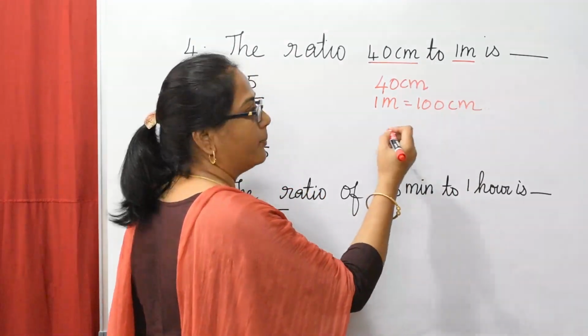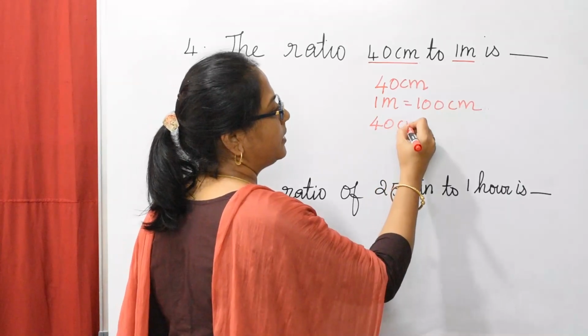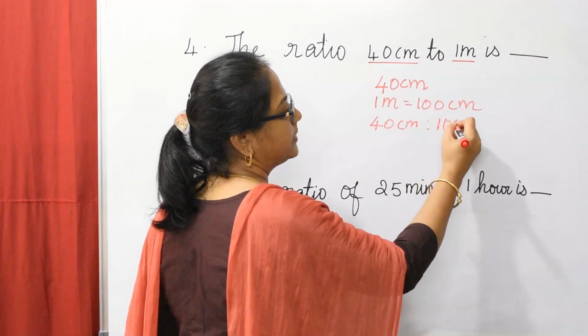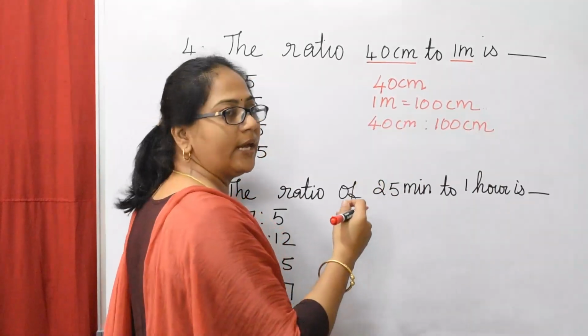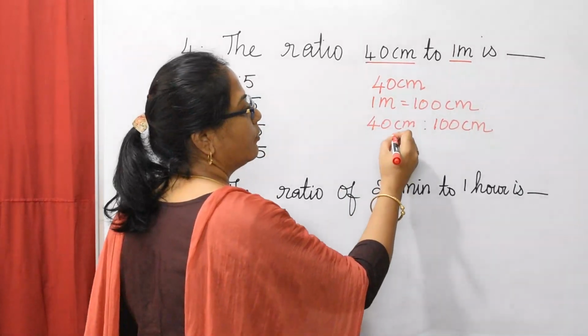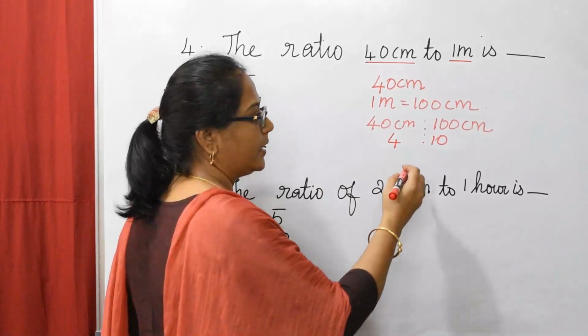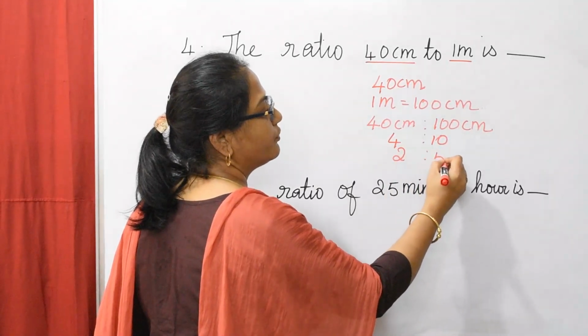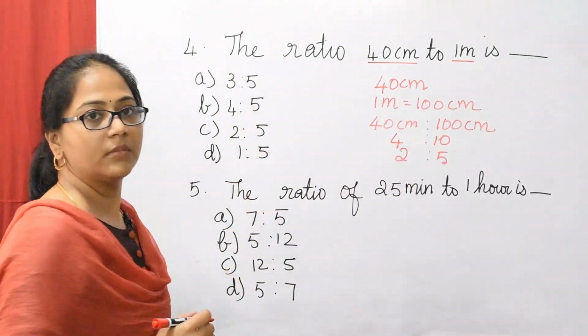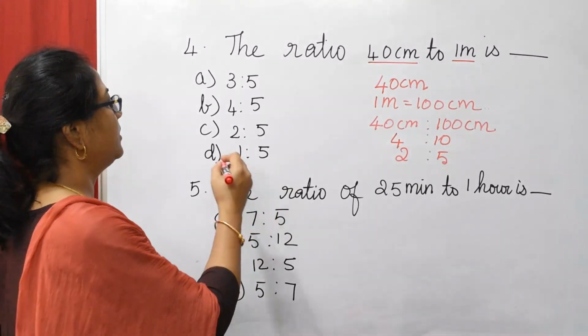Now we are going to compare 40 centimeter is to 100 centimeter. So 40 is to 100 is 4 is to 10, and here we can further simplify it where it will be 2 is to 5. Understood? So option C here.